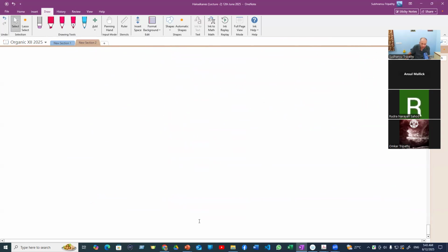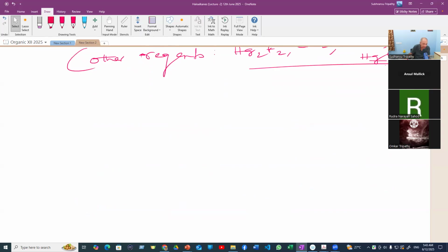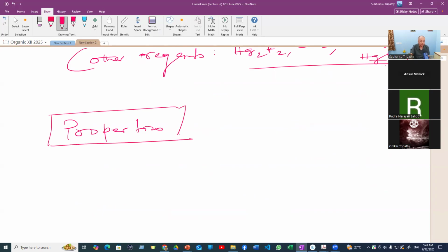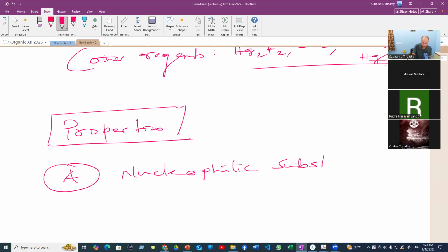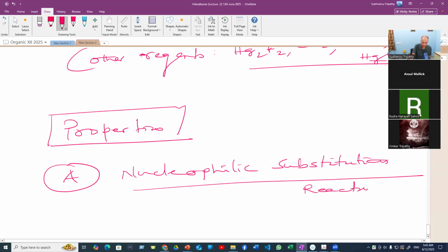Well, now time has come for the very interesting chemical properties, where we shall be slowly and steadily entering into the SN mechanism. The hallmark of haloalkanes is SN, so we shall be studying in detail SN reactions.